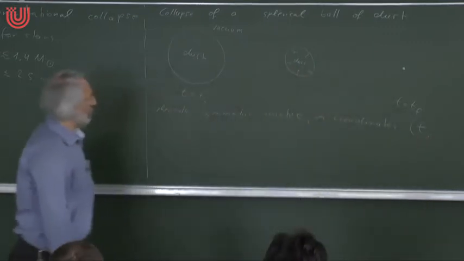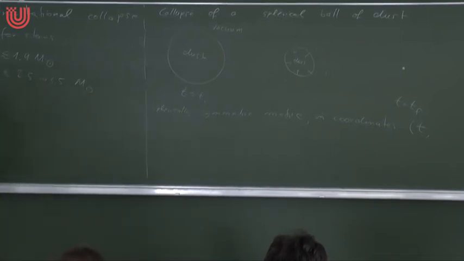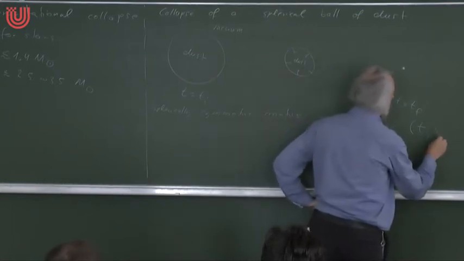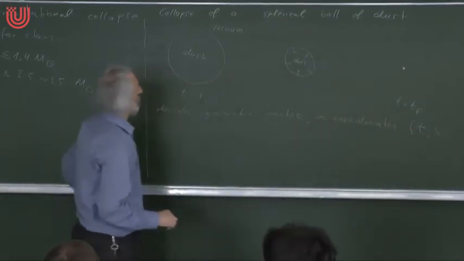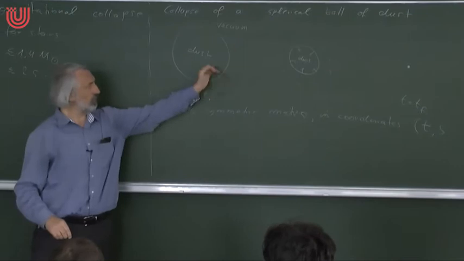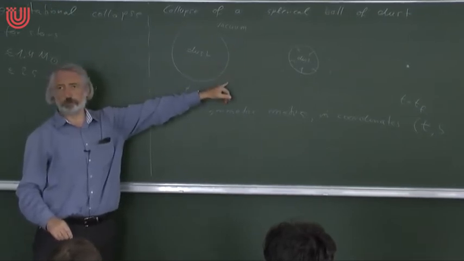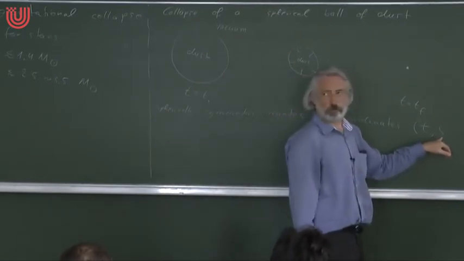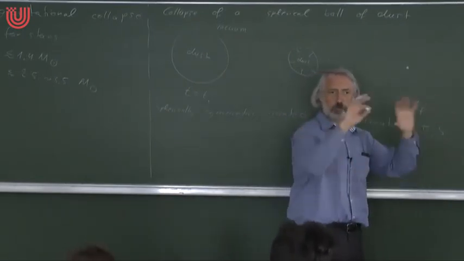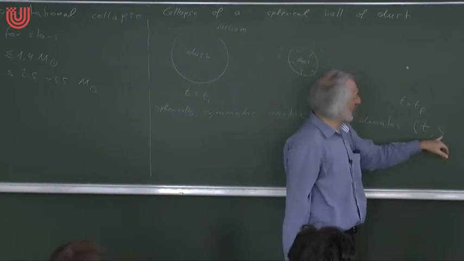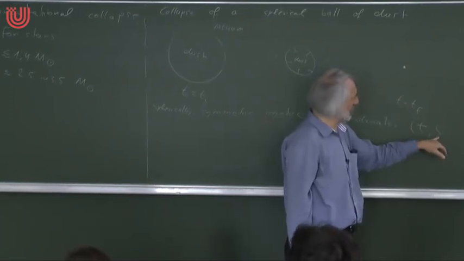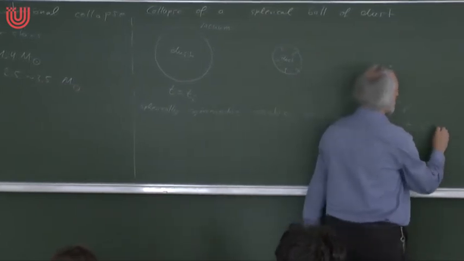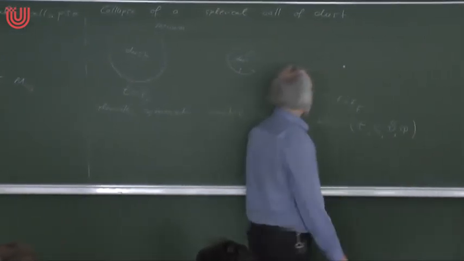Then we have a radius coordinate, which one usually would denote r, but for some reason I will denote it rho, because this coordinate will not be the standard Schwarzschild coordinate when we match the two things at the boundary. And because we used in the preceding section r for the Schwarzschild coordinate, for the area coordinate, which gives the surface of an area, I think this might cause confusion if I would call this coordinate here also r, so I call it rho. And then I have the angular coordinates theta and phi.